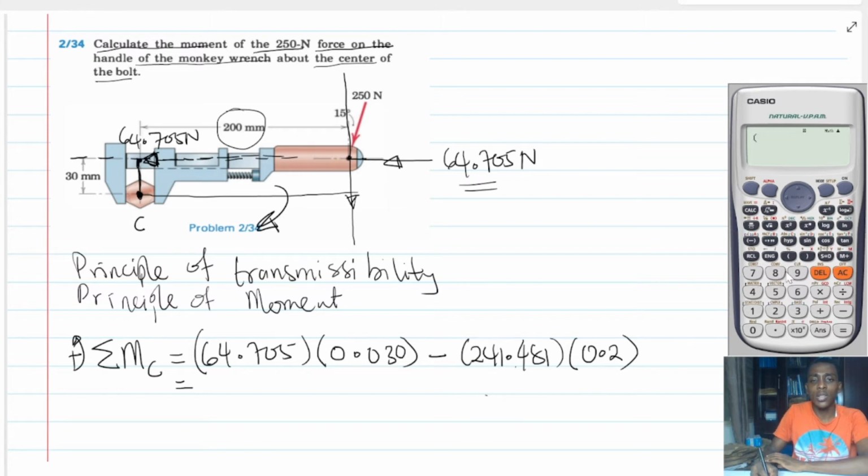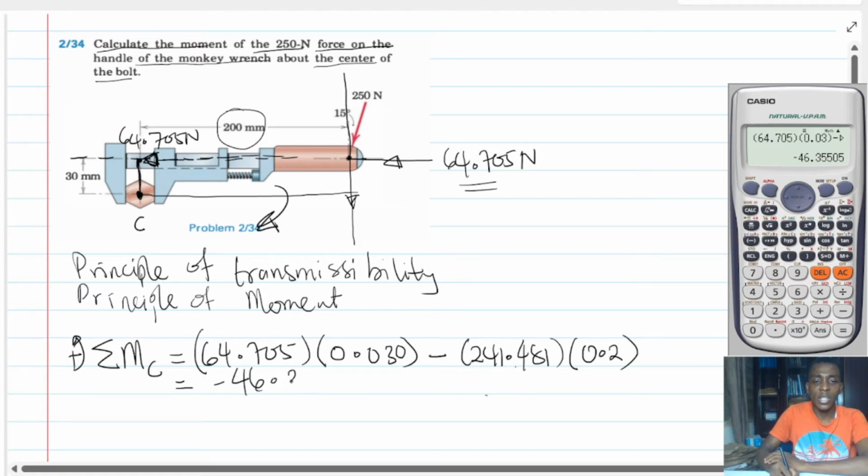So it's going to be 64.705 multiplied by 0.03 minus 241.481 multiplied by 0.2. And if I do this, I'm going to get minus 46.355, so minus 46.36 Newton meter. The minus sign is just telling us that the moment that we just solved for is rather clockwise.